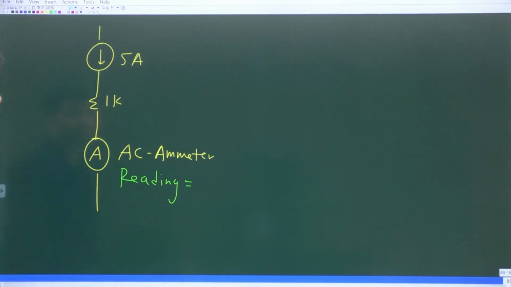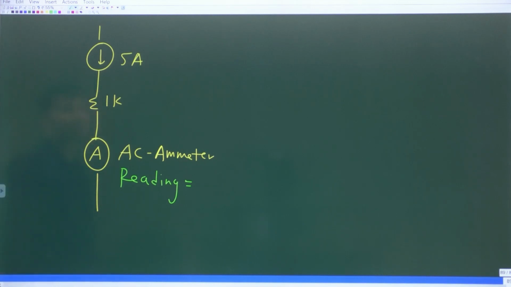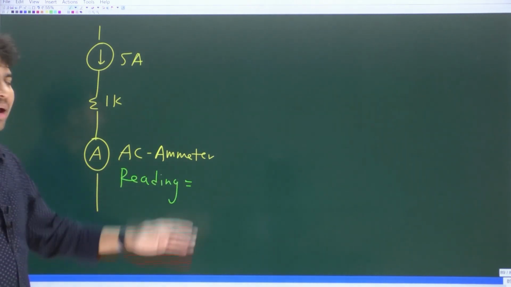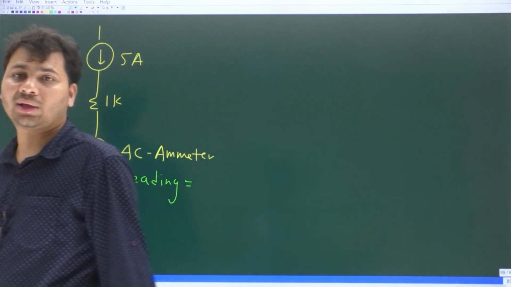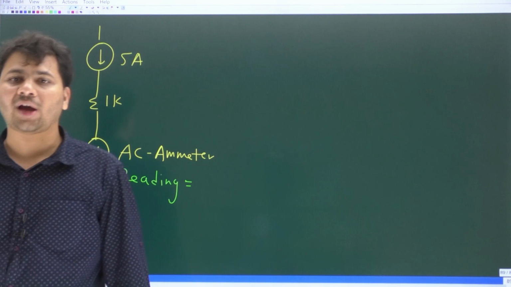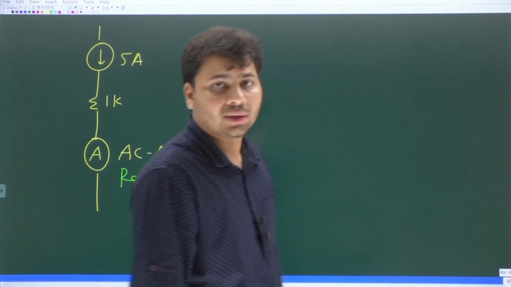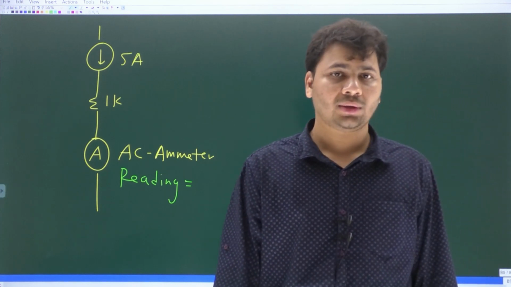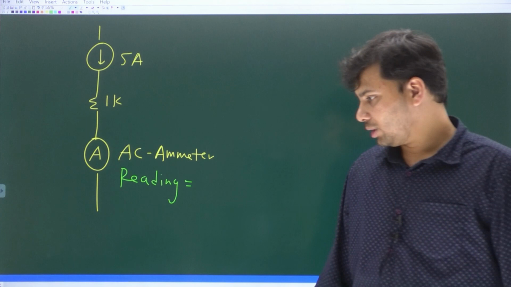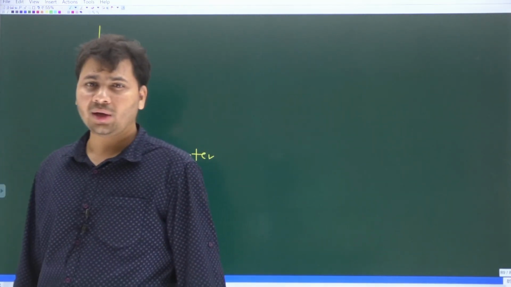We have a branch that contains a DC current source of value 5 amperes, and in the same branch an AC ammeter is also connected. Please type in the chat box what is the reading on the AC ammeter. Remember, AC ammeter will measure the RMS value of the current flowing in the branch.